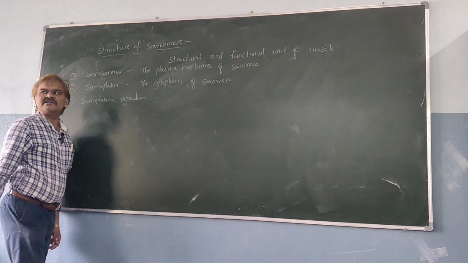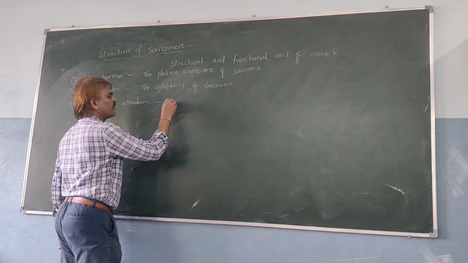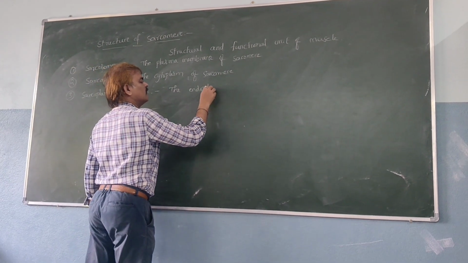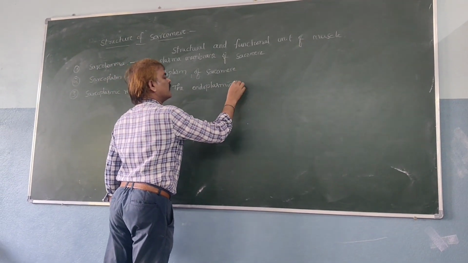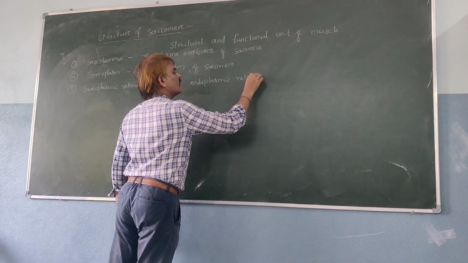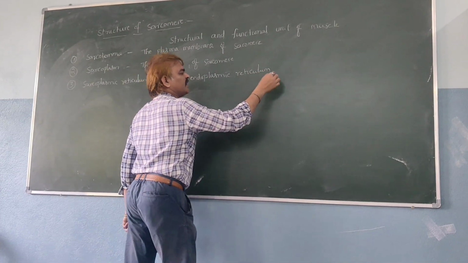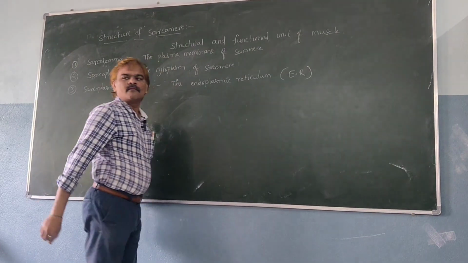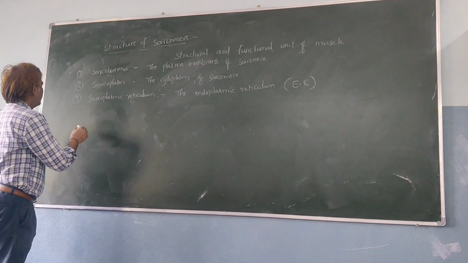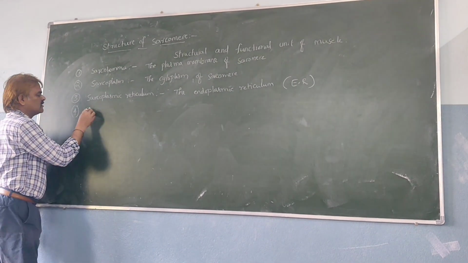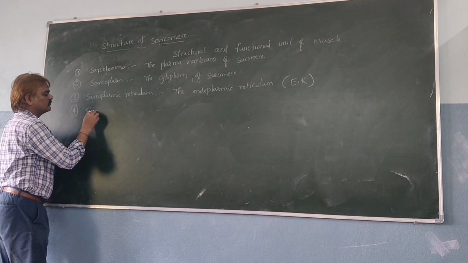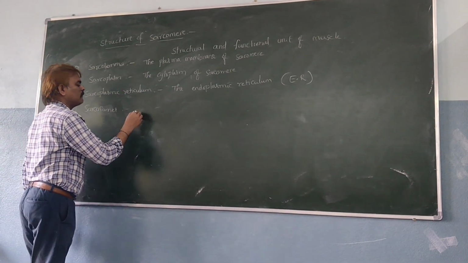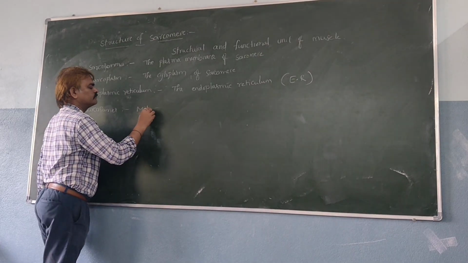Sarcoplasmic reticulum is nothing but the endoplasmic reticulum. Endoplasmic reticulum is represented as ER. Fourth one, sarcosomes. Sarcosomes is nothing but mitochondria.